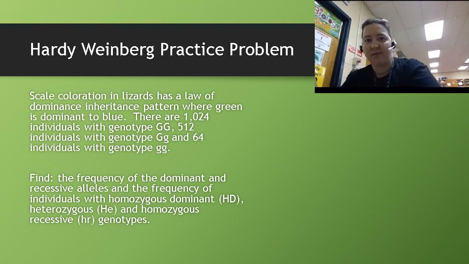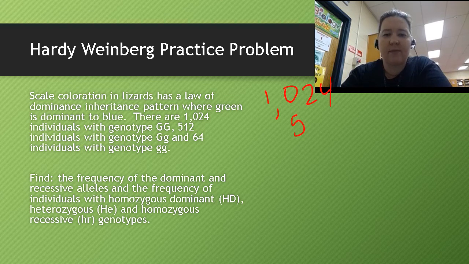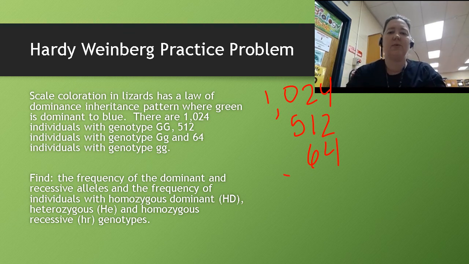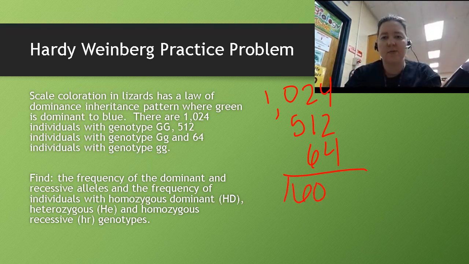So we're basically looking for all of these things. The first thing we need to do is total those all up. So 1,024 plus 512 plus 64 equals 1,600 individuals.